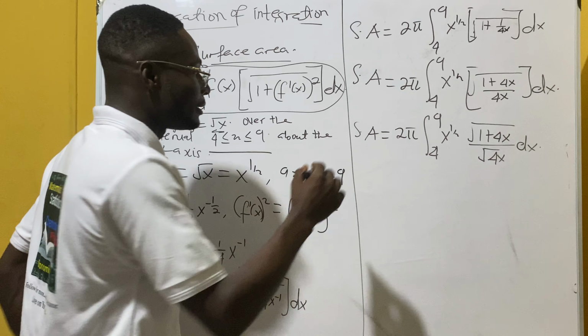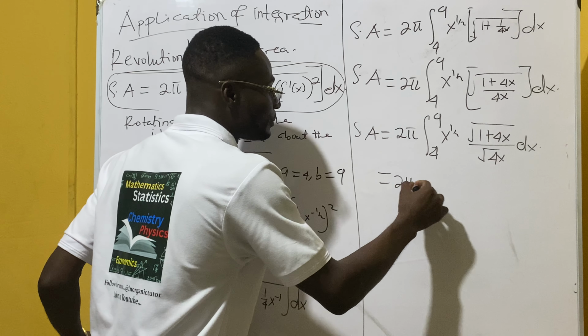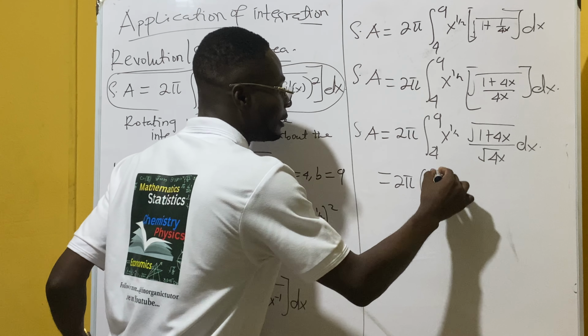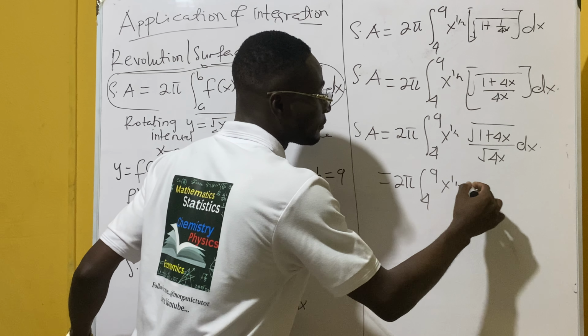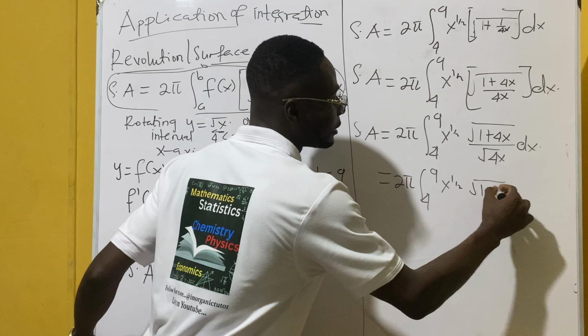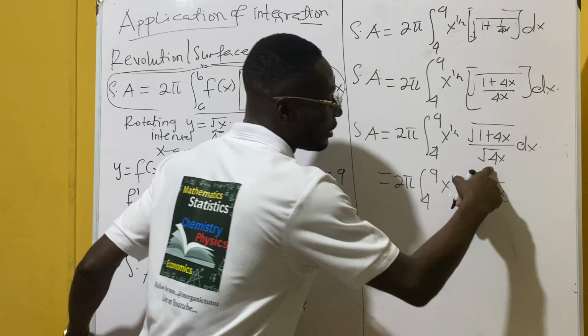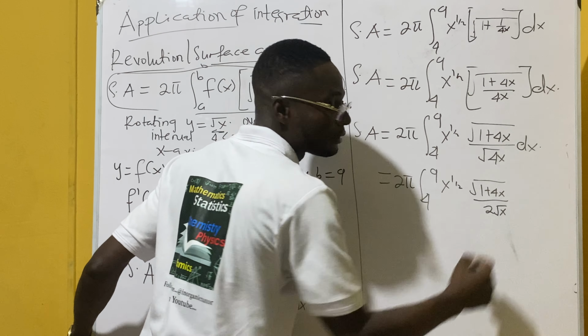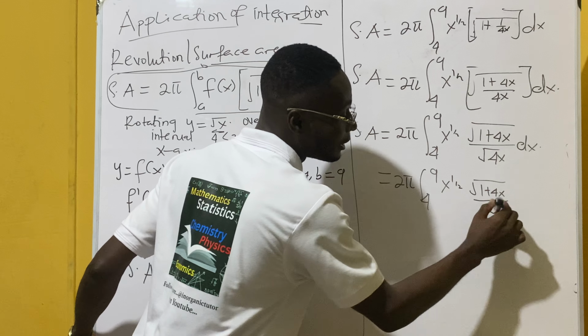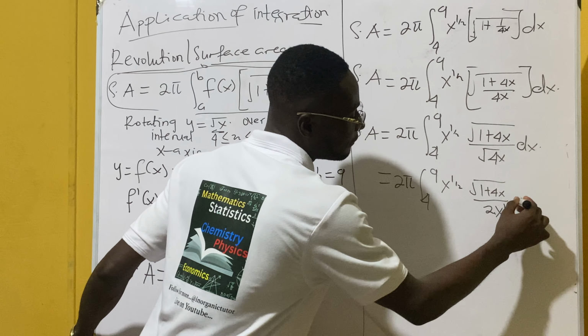And we know that this can further be expressed as x power half root of 1 plus 4x all over root of 4x, which is basically 2 root of x, right? And root of x is basically x power half.